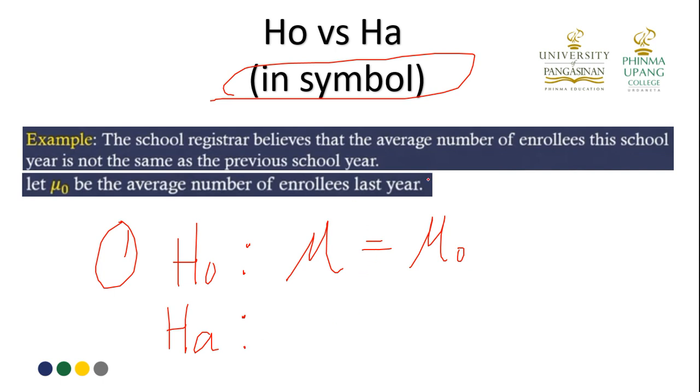Kung titingnan ninyo, there's no direction. Ibig sabihin po non-directional. If it is non-directional, this is mu is not equal to the specified value or the mean sub 0. Again, number 1, there's no direction. That's why I wrote here not equal.